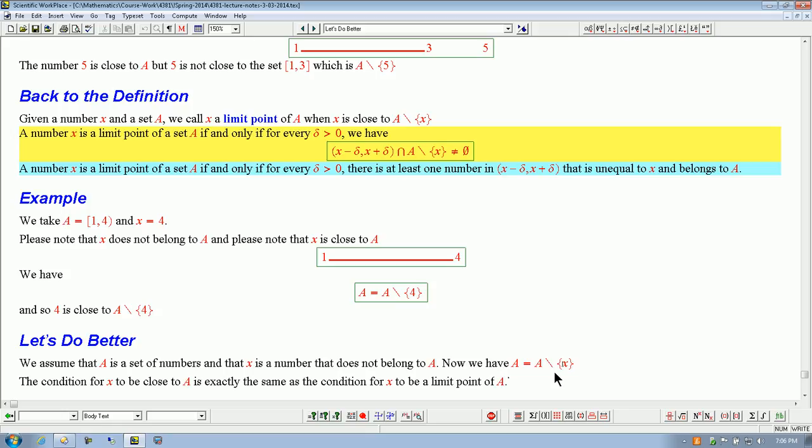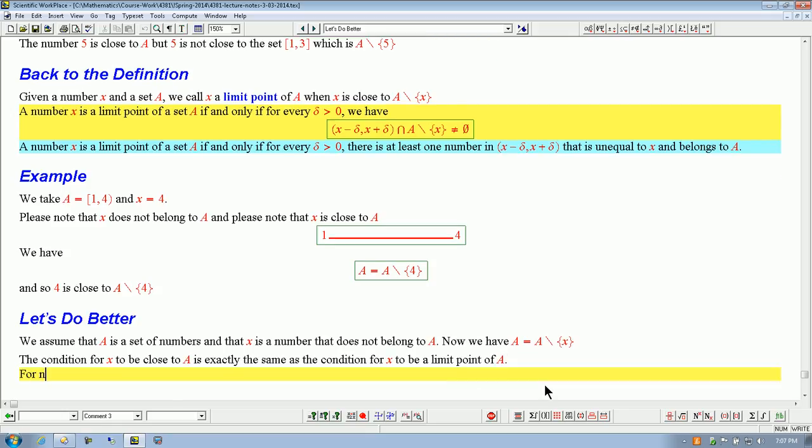Therefore, for non-members of a set A, being close to A is exactly the same as being a limit point of A. You see? For non-members. But for members, it's not the same.